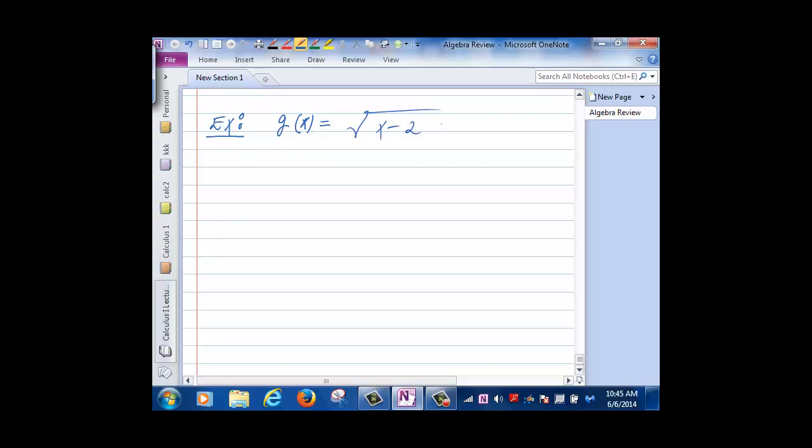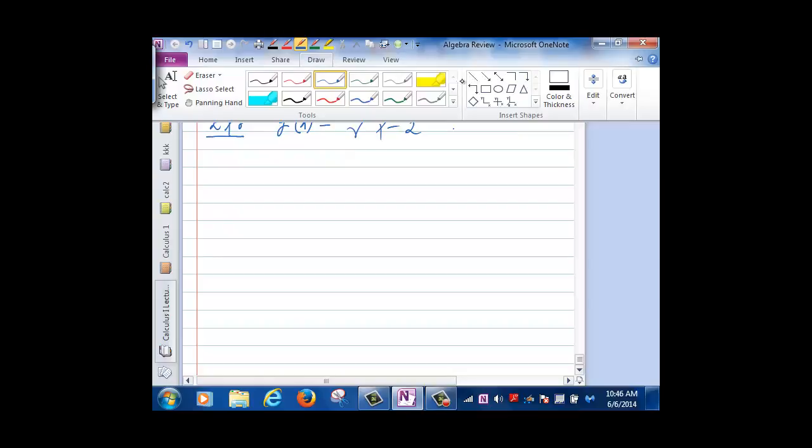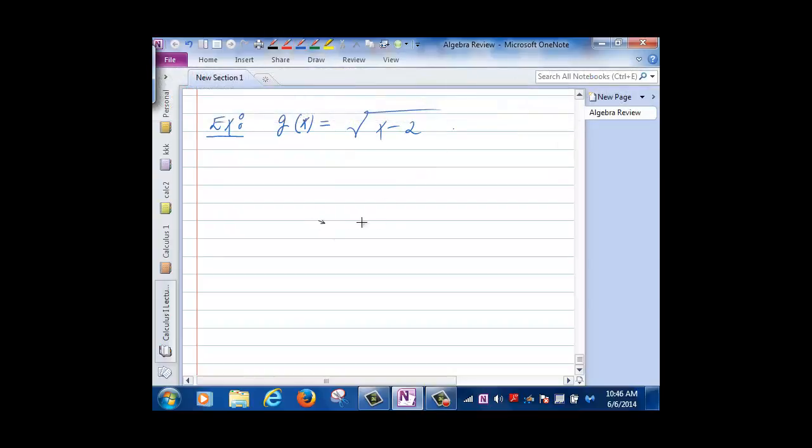Then we know that the graph of this function looks like this. Let's say here is 2 and the graph looks like this, right?